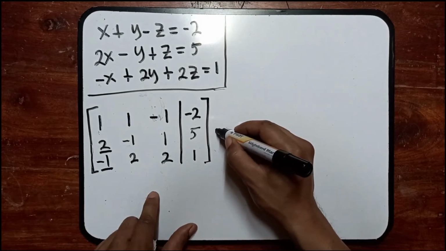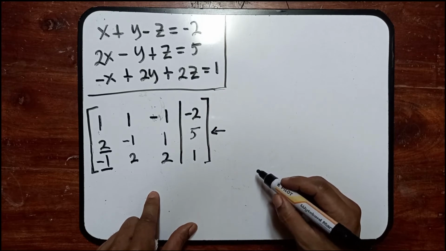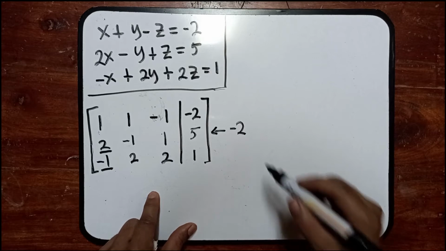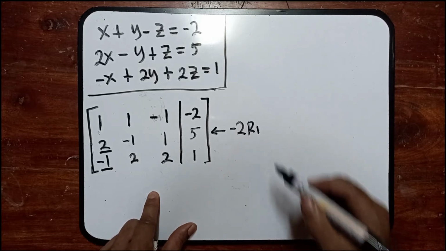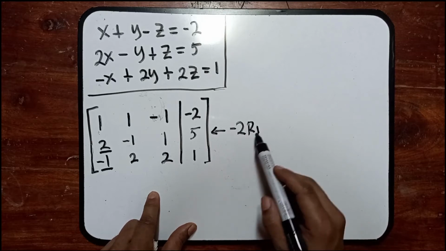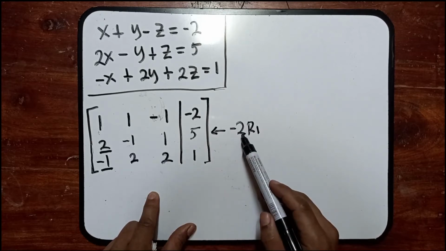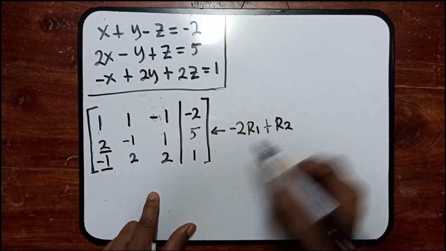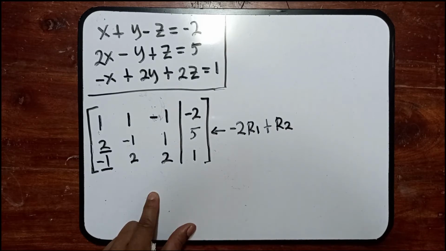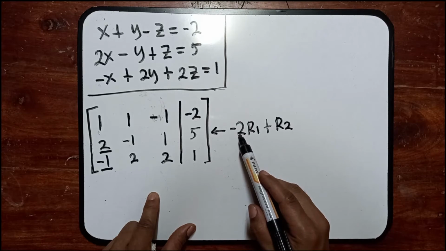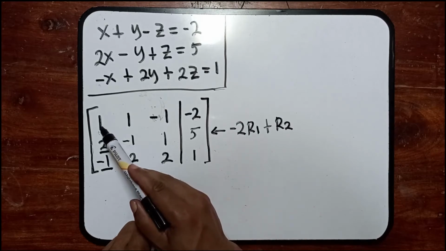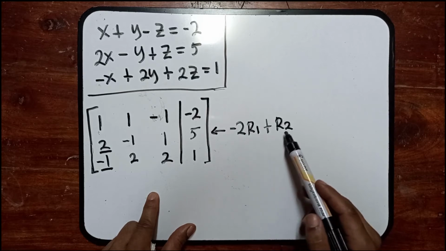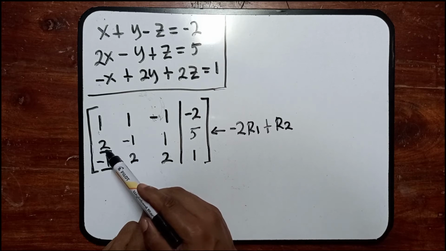So I believe that when this row is multiplied by negative 2, if we multiply negative 2 with R1, we will get negative 2, and then add it to row 2, we will be able to get 0. So negative 2 times 1 gives us negative 2. Negative 2 plus positive 2 becomes 0.